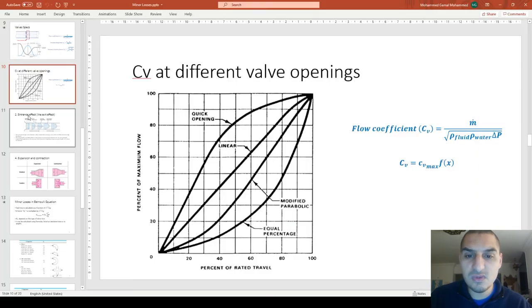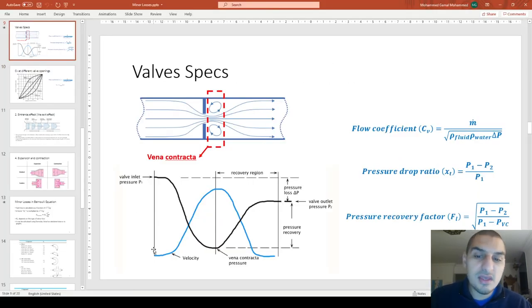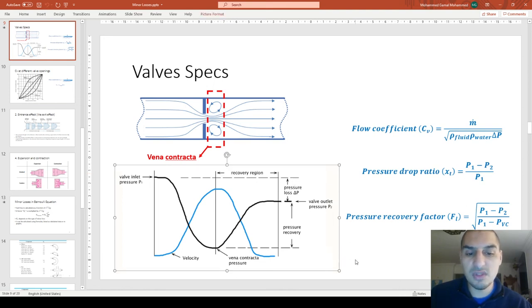To understand the choking flow, let's go back to this slide here. We mentioned that as the velocity increases, the pressure decreases, and as the velocity increases more, the pressure should decrease more. And any decrease in the pressure should correspond to an increase in the velocity, which is a conservation of energy thing that we can all expect from the basic energy conservation information that we know.